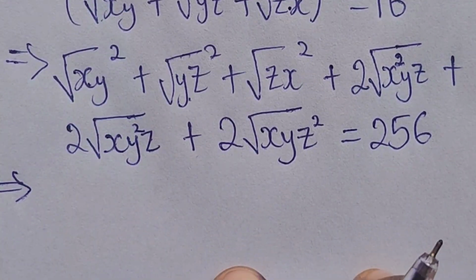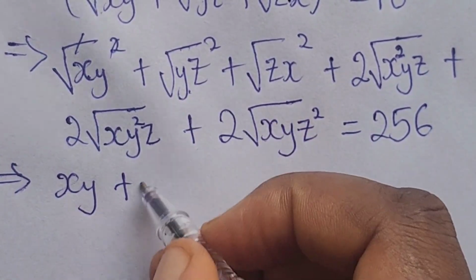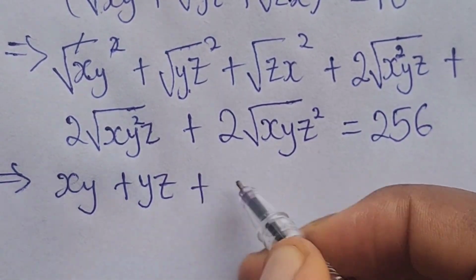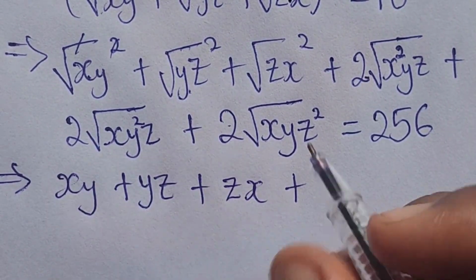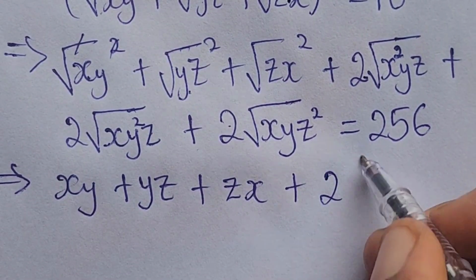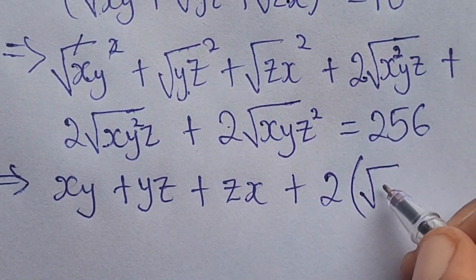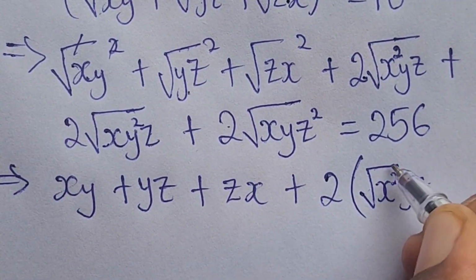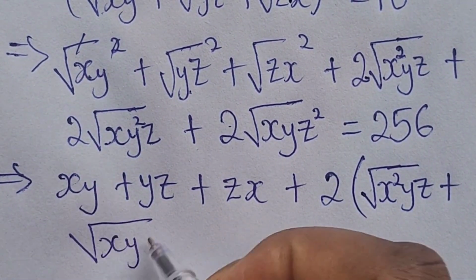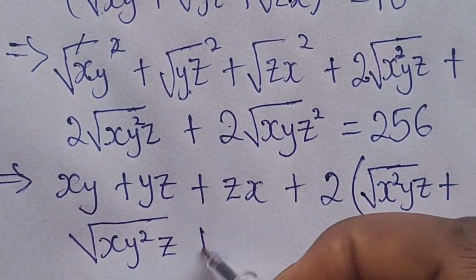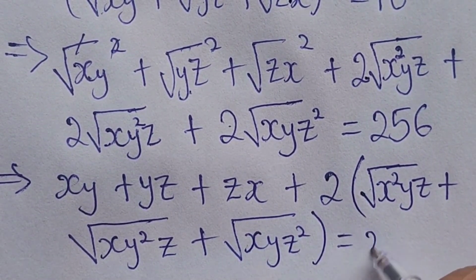So this implies we have xy plus yz plus zx plus, when we factor out 2, 2 times root x squared yz plus root xy squared z plus root xyz squared, equal to 256.